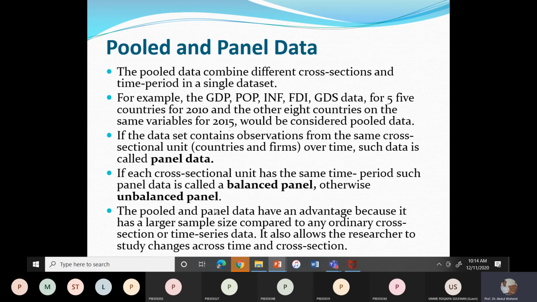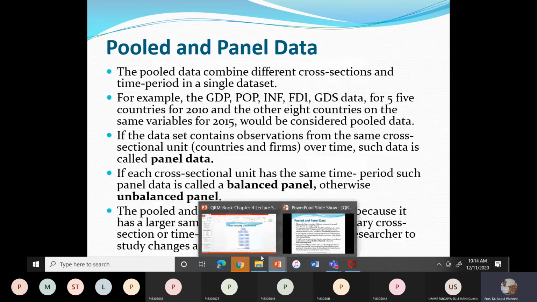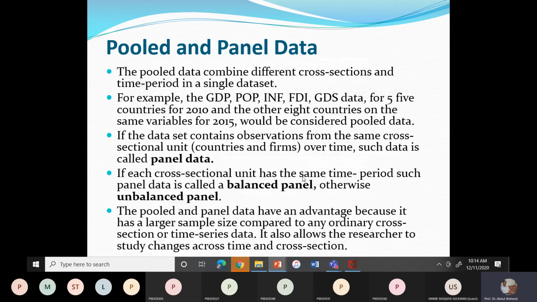There is an advantage of using pooled or panel data, because if you have only time series data, maybe your sample size is small. But if you merge it and make it pooled or panel data, then you have a larger number of observations, and a bigger data set compared to using only one country's time series data.